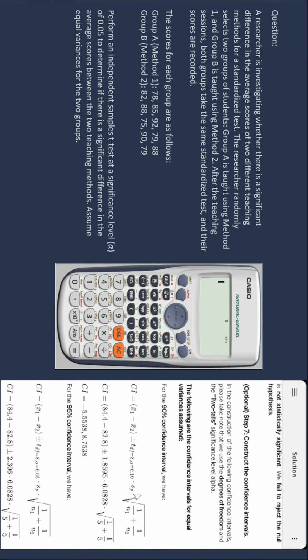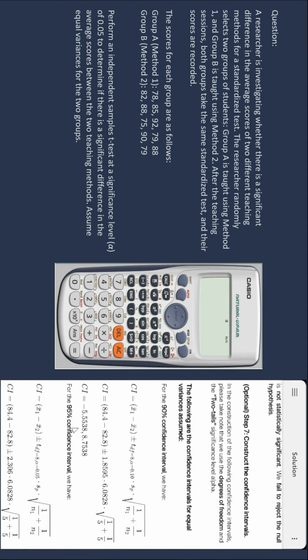Another optional step, we can also determine whether the mean difference is significant or not using confidence intervals. The idea is that if 0 is found within the interval, then the mean difference is not statistically significant.